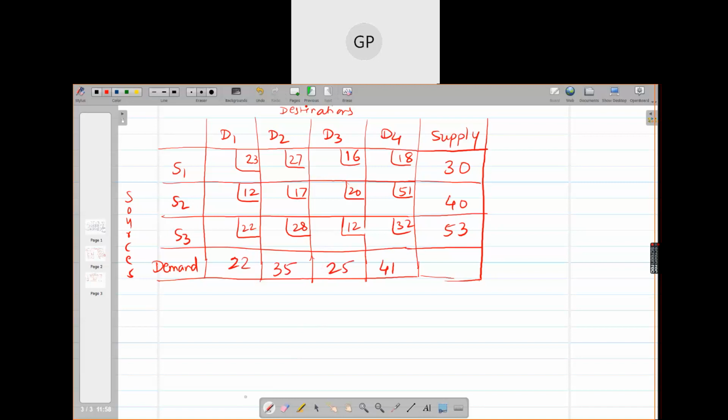Solve it, girls. Check first of all whether it is balanced or not. Is it balanced?